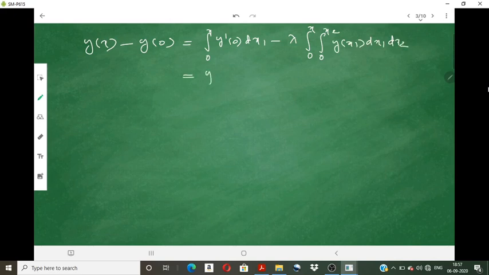So this is equal to y dash 0 into x minus, and we know what is y of 0. From the conditions given, y of 0 is 0. So y of x is equal to y dash 0 into x minus lambda into, now converting the double integral into a single integral by the result we have proved, integral 0 to x of x minus theta y theta d theta.